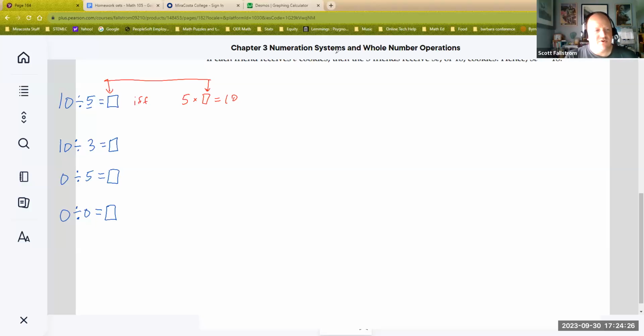Okay, so I'm going to rewrite these a little bit here. Actually, I want to change my colors a little bit so that I can match them up and it makes sense. I'm going to put the divisors in red, and the box will always remain, and that way you can see which piece I'm referring to.